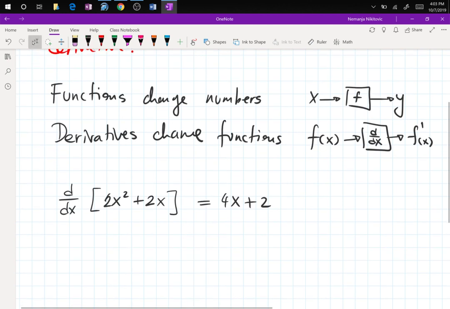So this one over here is f of x, and this one over here is f prime of x. And you see they're different functions. This one is a parabola that opens up, and this one is a linear line. So they are completely different functions. Yes, they're both polynomials, but they are different functions. So derivatives change functions into different functions.